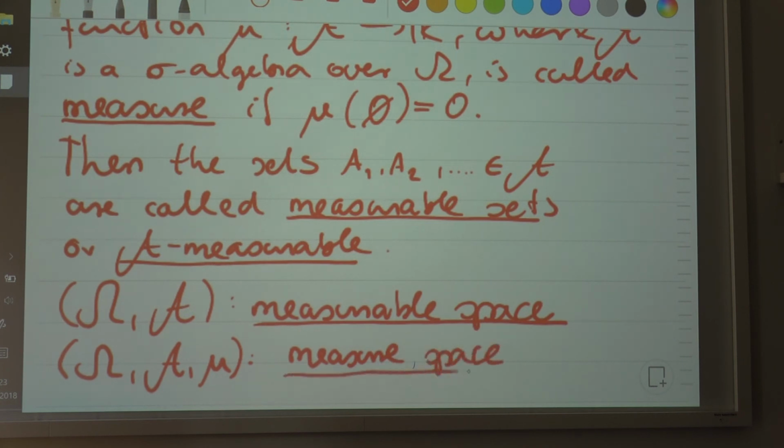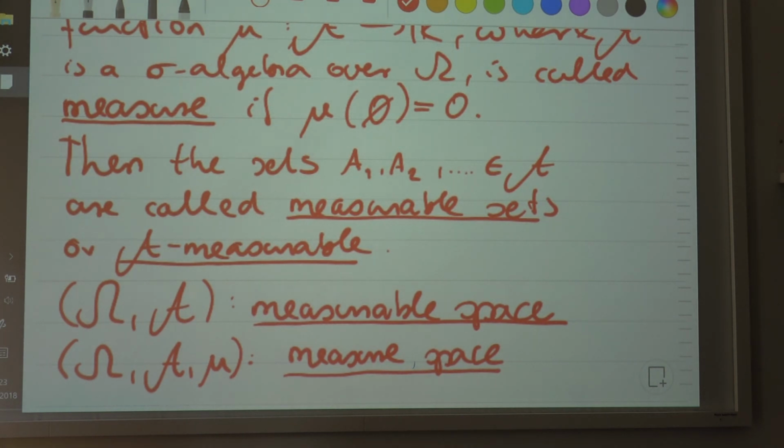Sometimes in the literature, these two are used synonymously. People mix it up, so the distinction is not really that important, but you should know the difference. For a measure space, the function is explicitly defined, and a measurable space just offers you the possibility to define a measure on that space.